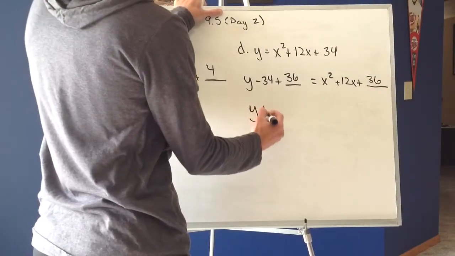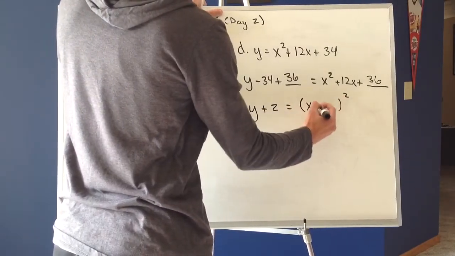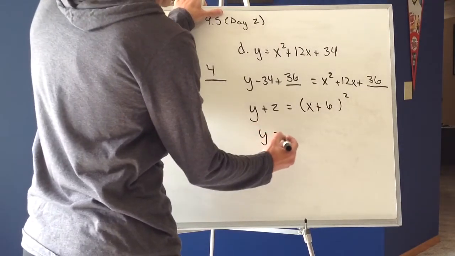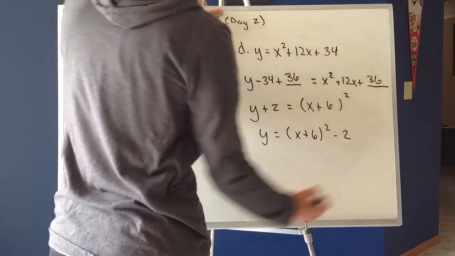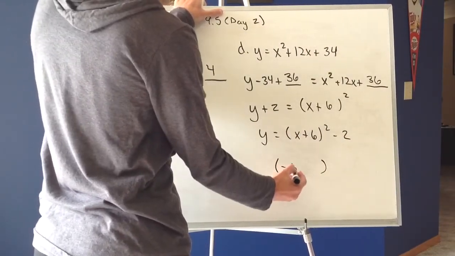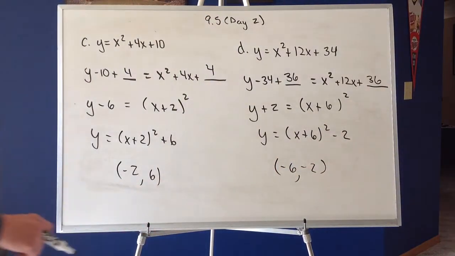So you end up with a y plus 2. Factor this side, it ends up being x plus 6 squared. Bring the 2 back to the other side, and you can pull out the vertex. Positive 6 would mean left 6, negative 2 would mean down 2 for your vertex.